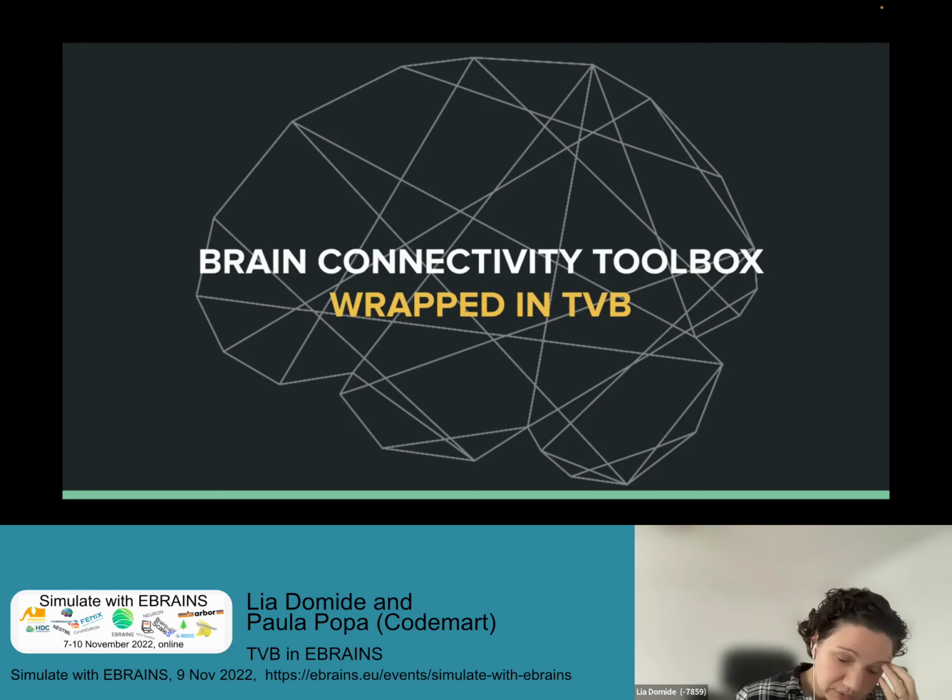We take from TVB the weights matrix of a connectivity, which represents with what weight regions within the brain are connected. And these connectivities are then analyzed by the Brain Connectivity Toolbox. This is, again, a satellite box around the data types in TVB for us.